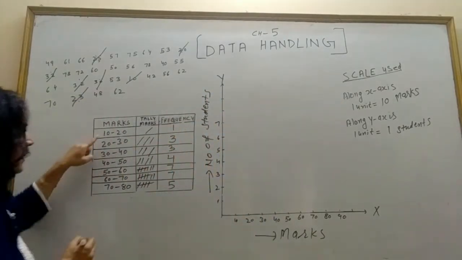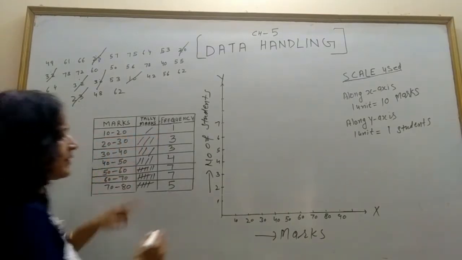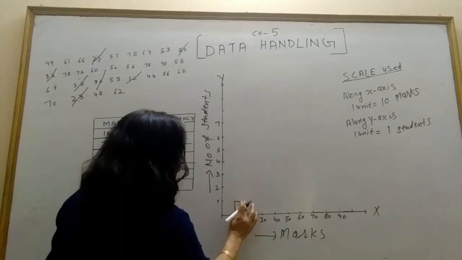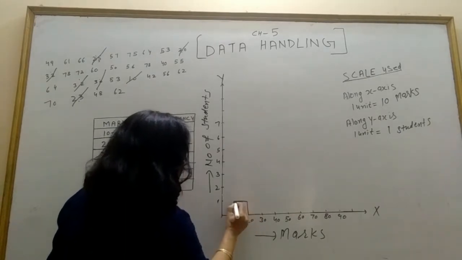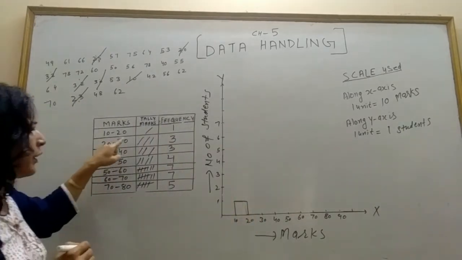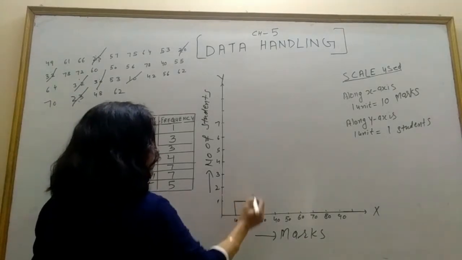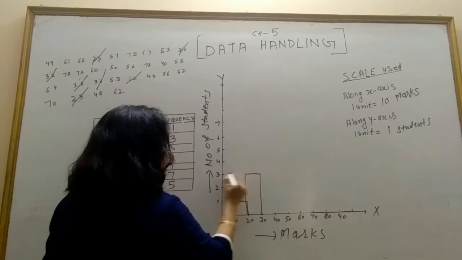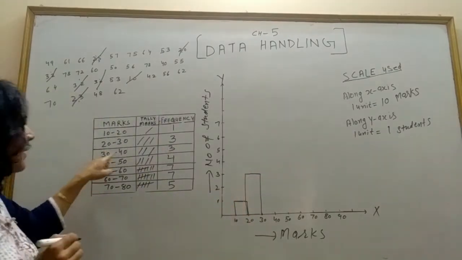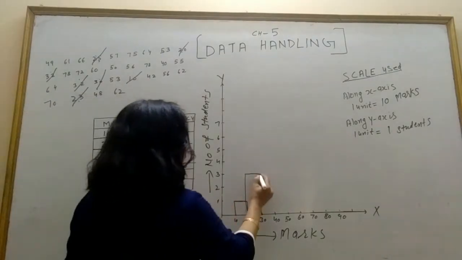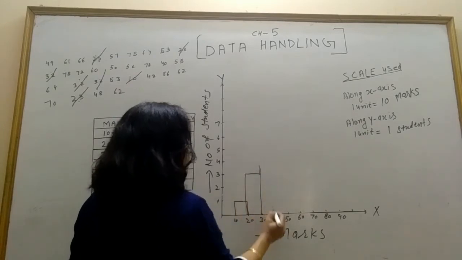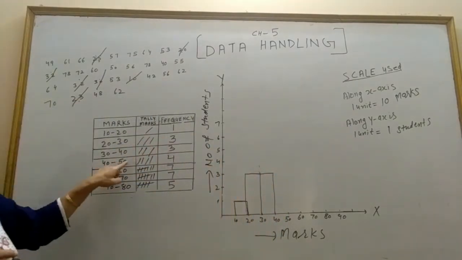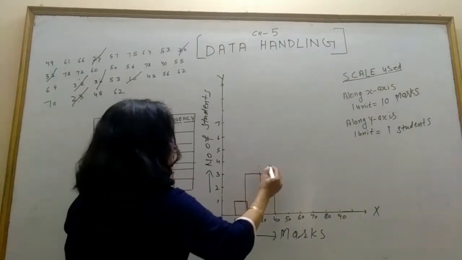Then see, 10 to 20, 1 student. 20 to 30, up to here, 3 students. 30 to 40, again 3 students. 40 to 50, 4 students, up to here.